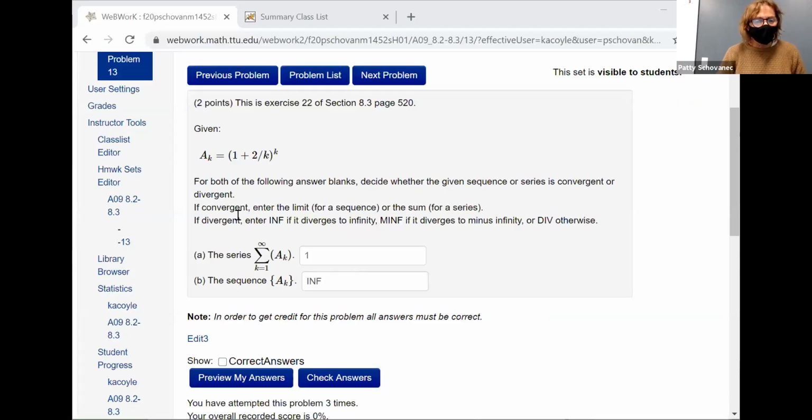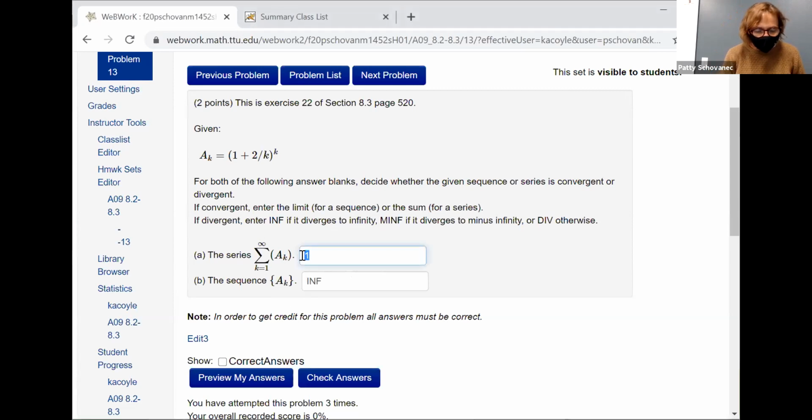Let me go back to it. Let me screen share. Okay. So if it's convergent, enter the series. If it's divergent, enter infinity. If it diverges to infinity, minus infinity, or divergent otherwise. So you've got infinity. But this limit's not 1.